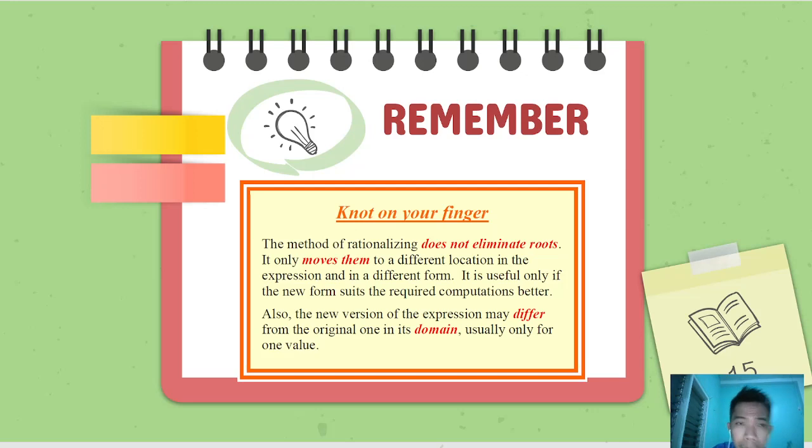You were taught that method of rationalizing is effective in eliminating radical signs in the denominator, so that you only rationalize the denominator. Here in differential calculus, you can always rationalize the numerator, or you can also rationalize the denominator. Even if it is not in the fraction form, you may also use the method of rationalizing.